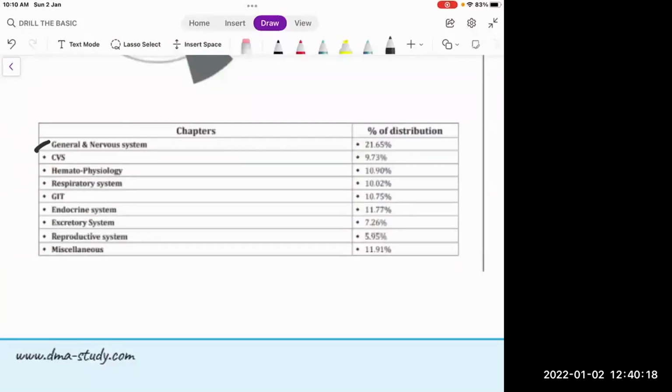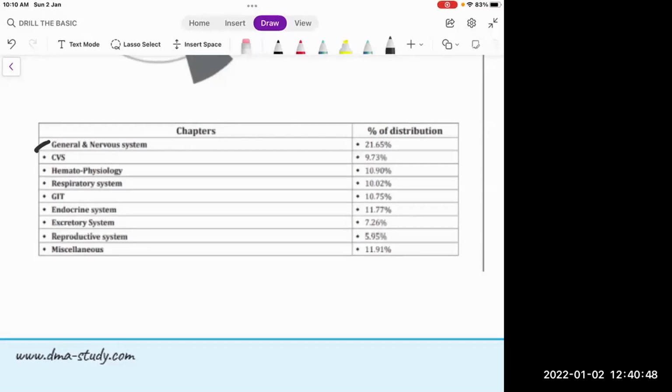This general physiology, as you all know, is a very important basic in physiology, accommodating 21.65% of the physiology chapters, which is the most important in physiology. Followed by that, you have hematophysiology, respiratory system, endocrine system, cardiovascular system, and other miscellaneous topics.